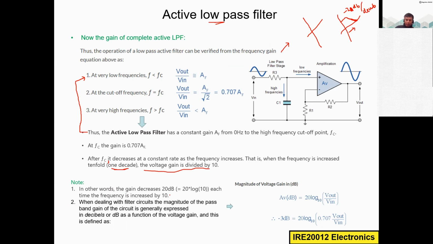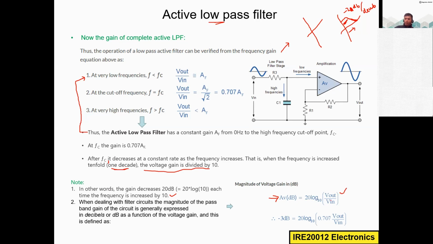So please try to connect this sentence and what I said here. When dealing with filter circuits, the magnitude of the passband gain of the circuit is generally expressed in decibels, as a function of the voltage gain. The formula is here, the gain calculation formula: AV is equal to 20 log of Vout divided by Vin, base 10.